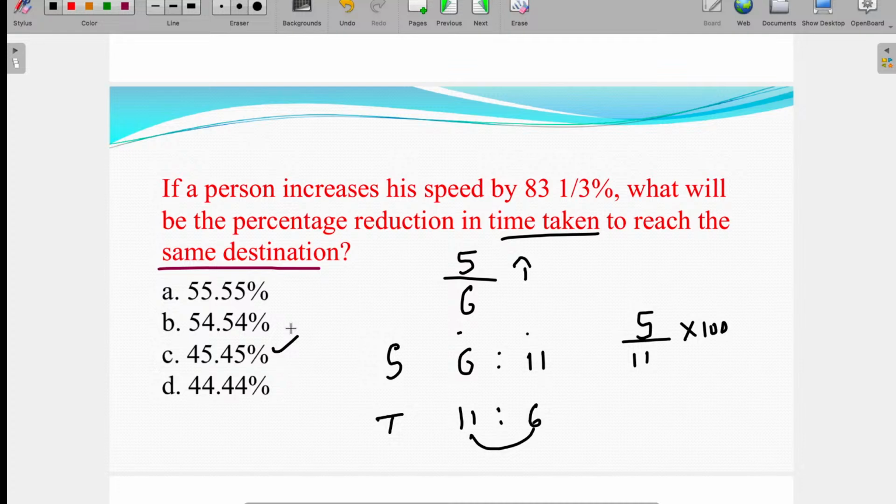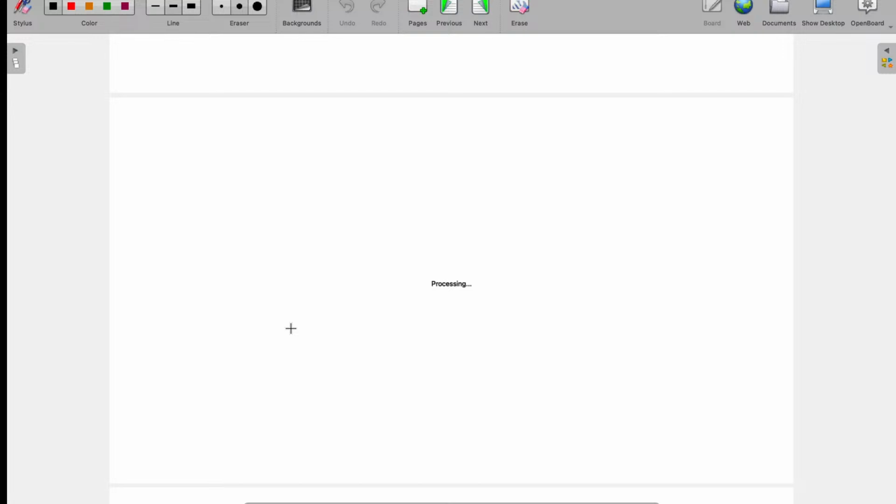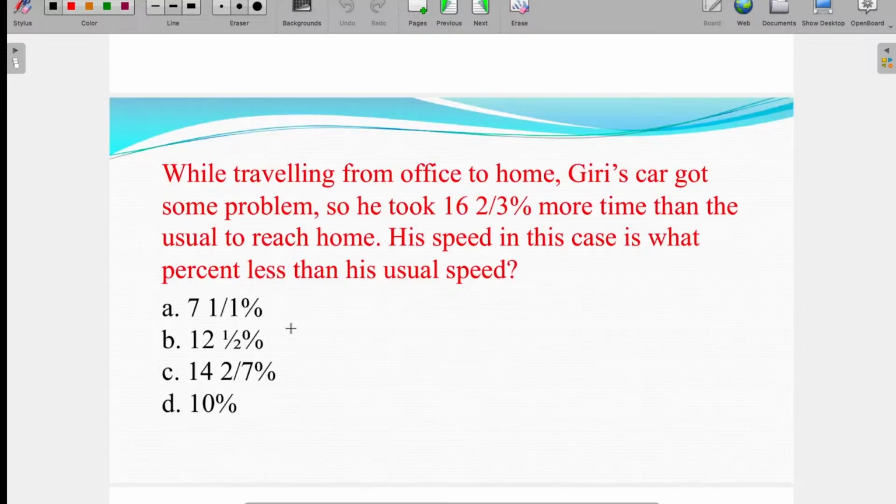Over now. You try this question. Try this. I will give a time. Same type question. Tell me. Yes, same thing. Usual speed you have to find out. Try.